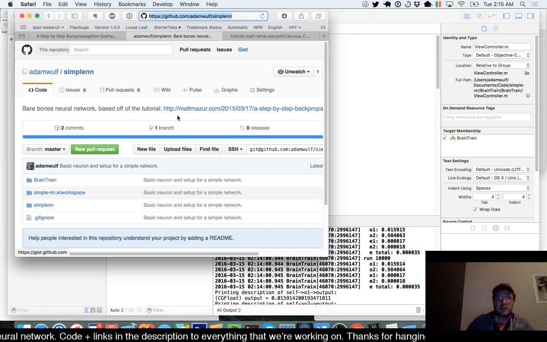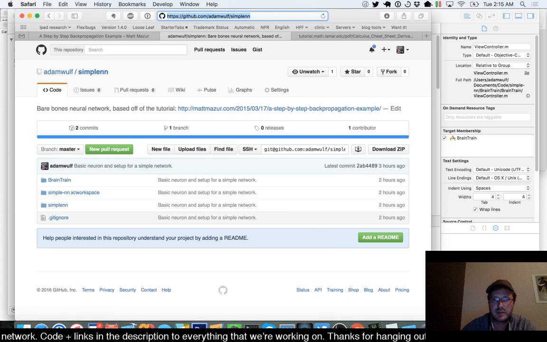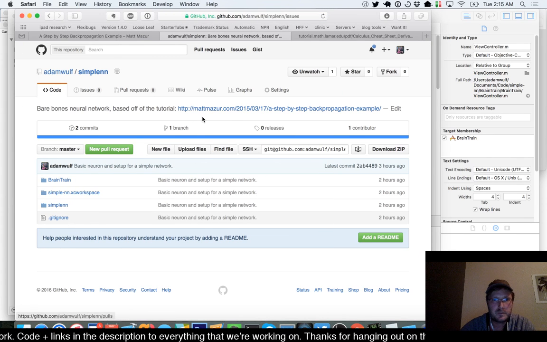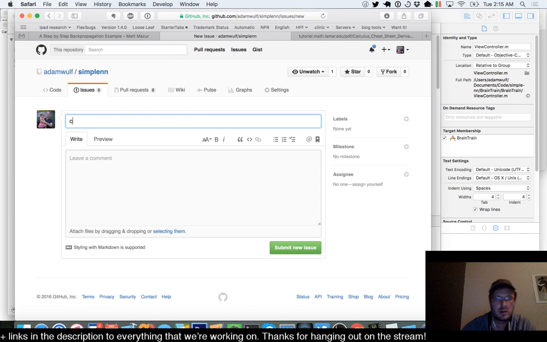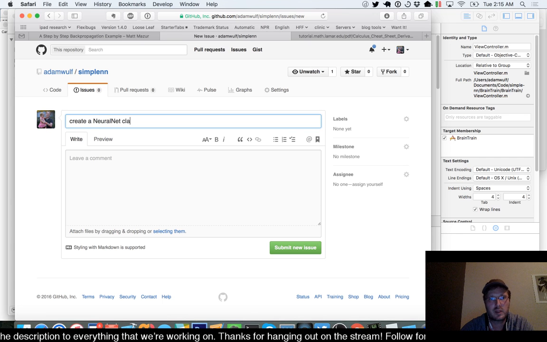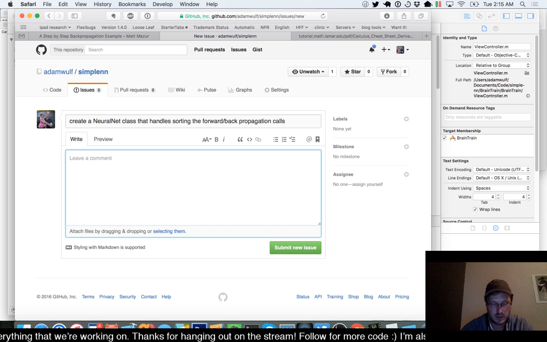So you can play with it yourself if you feel like it, but let's also do a couple things, because what I would like to do is create a neural net class that handles sorting the forward and back propagation calls. A class to manage a directed acyclic graph for all the neurons.